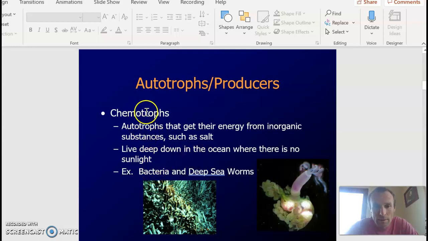Well, what we have are these chemotrophs. These are organisms, mostly bacteria, that are able to chemically synthesize their own food. It's an interesting process. They take stuff like salt from the ocean and convert it into energy through some pretty interesting pathways. But those are pretty much the exception and not the rule.